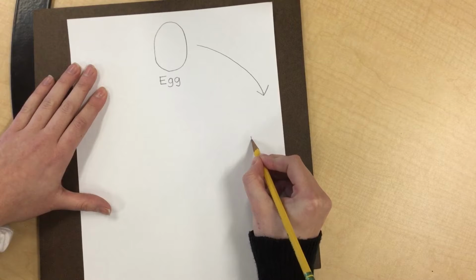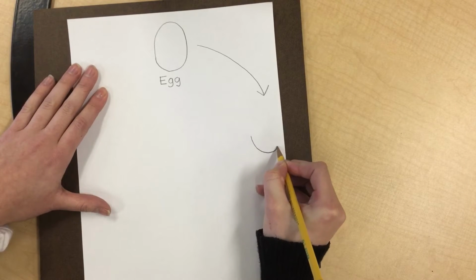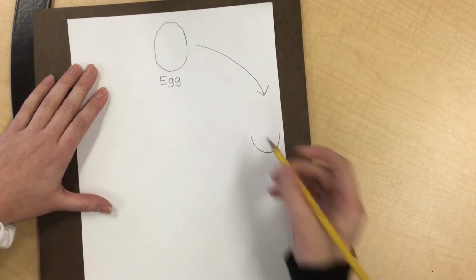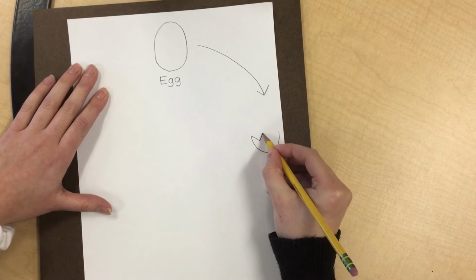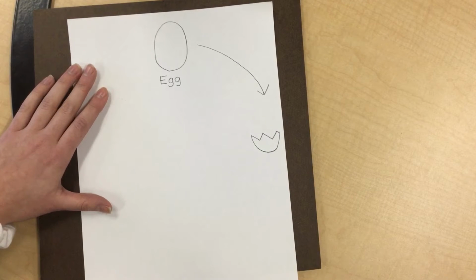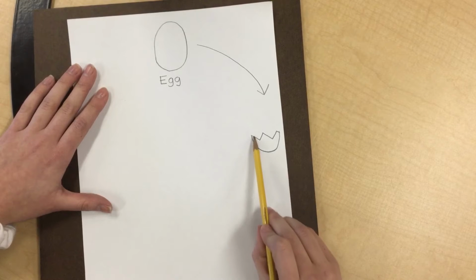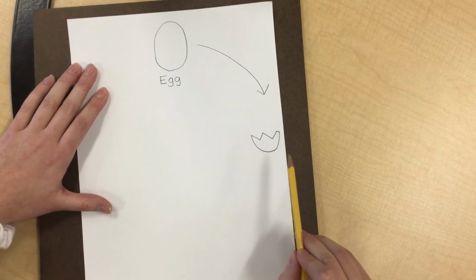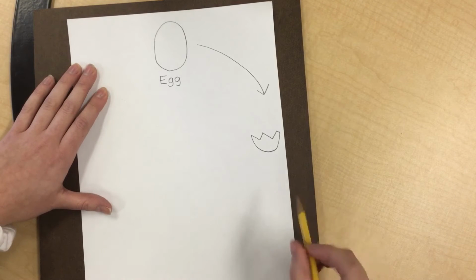So what I'm going to do is I'm going to kind of make a U. After I've made the U, I'm going to start going up and down, up, down, up, down, up, down. Kind of looks a little funky, but if you make a U and then you just go back and forth, this will show that our egg has hatched.